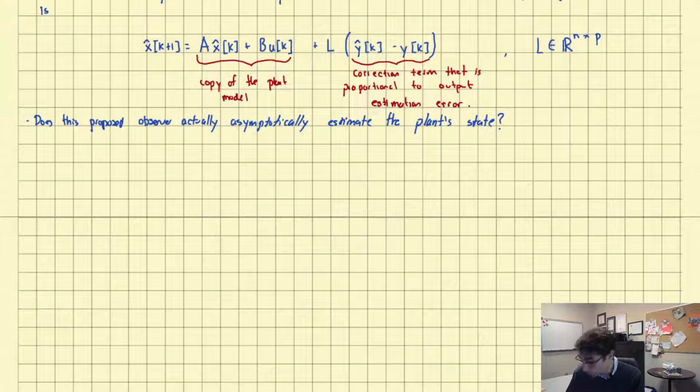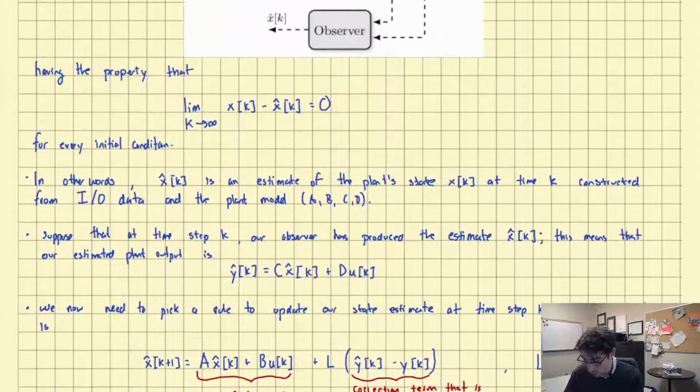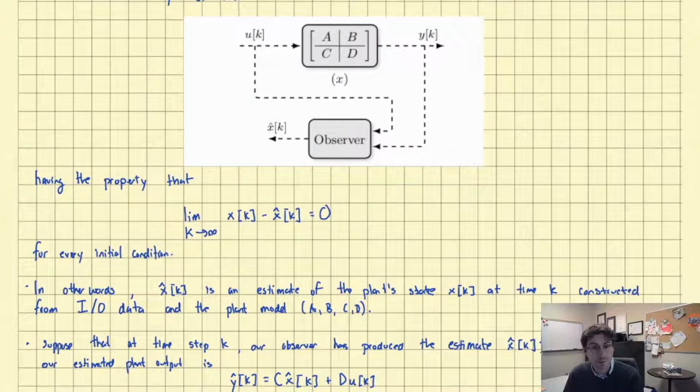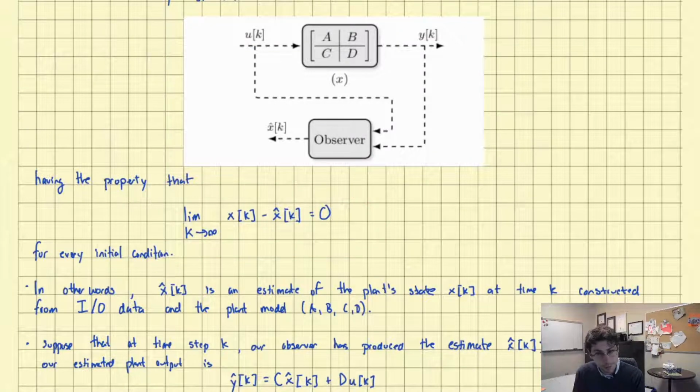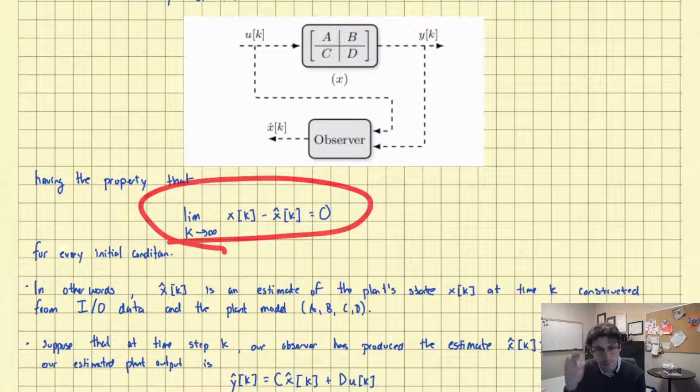Because remember, that's what we want. If we go back to our problem, I can pick that observer to be anything, but what I want is that the difference between the plant's actual state, x, and this estimated state should go to 0. And so the question is, does that actually happen? And asymptotically meaning as time advances.